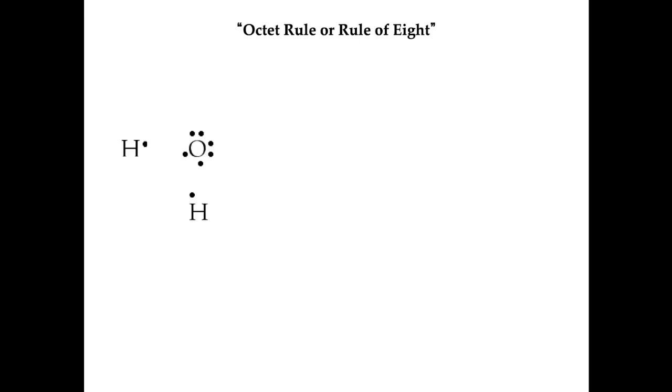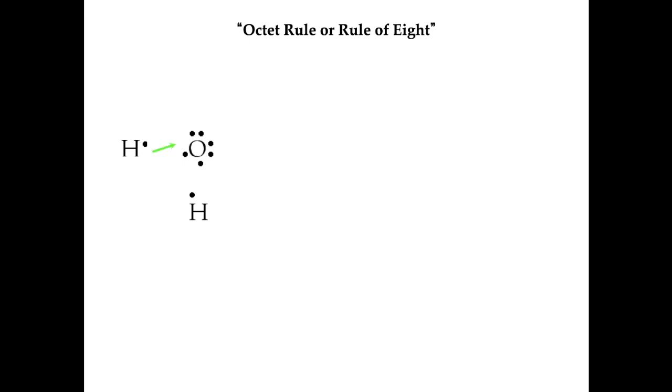So let's look at hydrogen and oxygen here as they make up water. Each hydrogen has one valence electron. If you remember, hydrogen only has the 1s orbital. So if it only has an s orbital, hydrogen only needs 2 electrons to have a full shell. Oxygen, on the other hand, has 6 valence electrons. It's going to need 8 altogether to have a full shell.